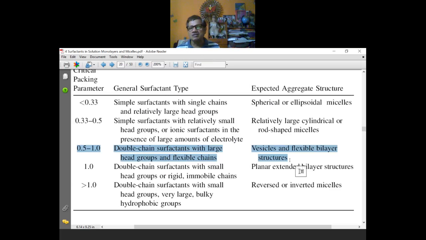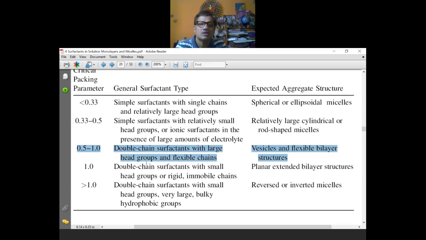They are the surfactants capable of forming vesicles and flexible bilayer structures. They are basically double chain surfactants having unsaturated hydrocarbon moieties, which are flexible in nature.